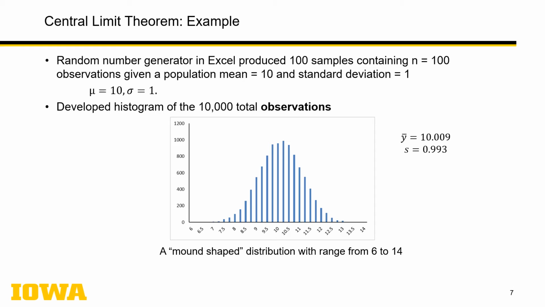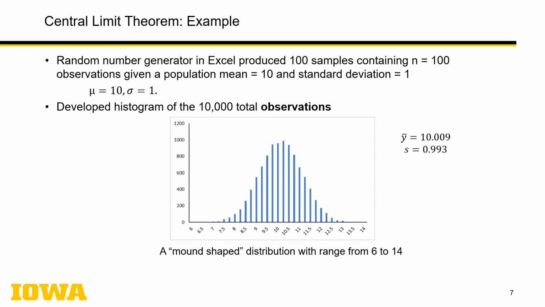Then I went ahead and produced a histogram of all 10,000 observations, and you can see the result here. This is, as expected, an extremely well-defined normal distribution, just as you'd see, typically hump-shaped with curves. It ranges from around 6 to 14, which is also expected.